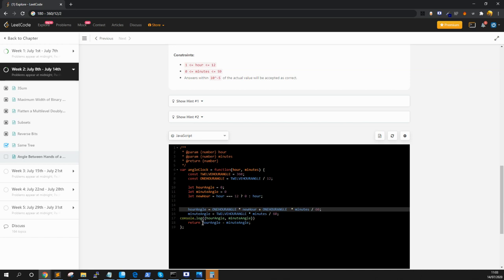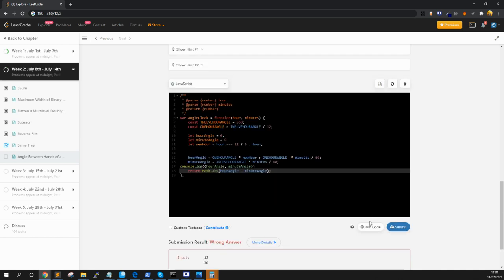Wait, there is a math function for this in JavaScript, Math.abs, I believe, gives you the absolute value. It should give me 165. And code.